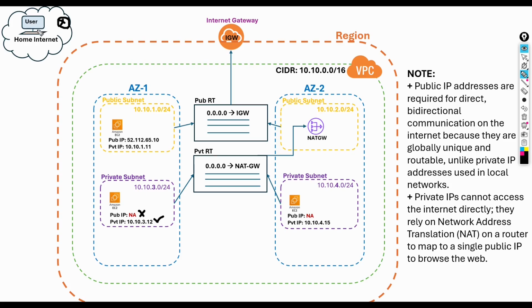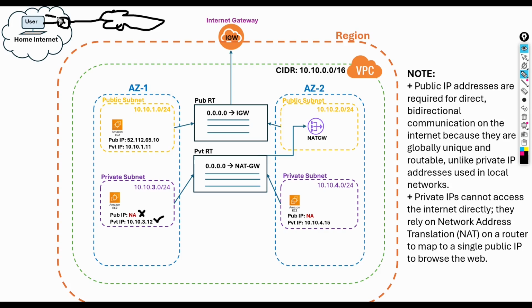User machines always have private IP addresses. If you see on your user machine at home, you will get a private IP address. So whenever the traffic reaches the router, it will do the NAT and send the traffic over the internet to access any URL over the internet.